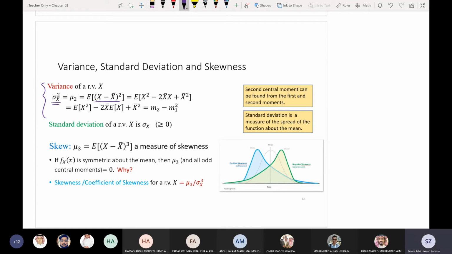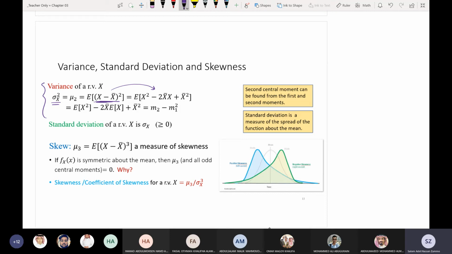Now, we know that the expectation is a linear operator, so we can just open this up. What is inside? We can open up the parentheses of the square.